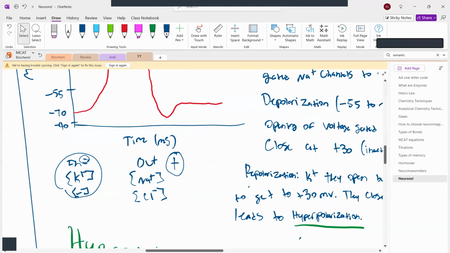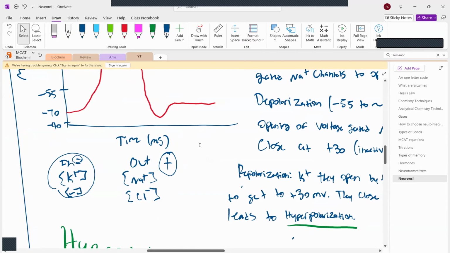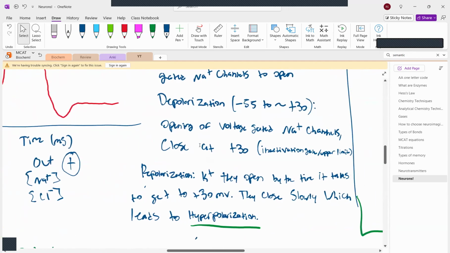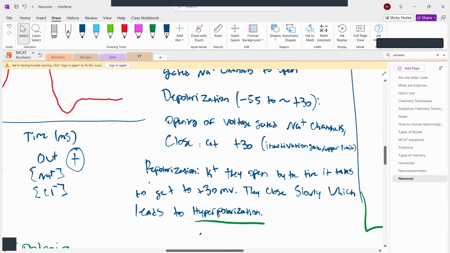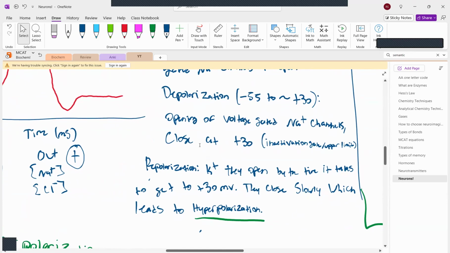So the concentration and charge differential is what drives sodium to go inside the cell once those voltage gated channels are open. So it doesn't require ATP.